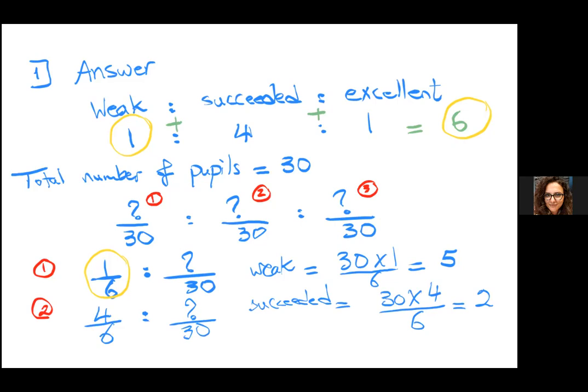So it's 20. There are 2 ways to find the last category of students, which are the excellent ones. I can do the same thing by cross multiplication, or easily subtract 20 and 5 from 30. So excellent students, it's 30 minus 20 minus 5, which is 5. So what's the correct answer? It's 5 and 20.